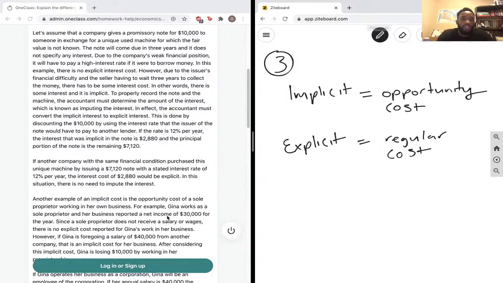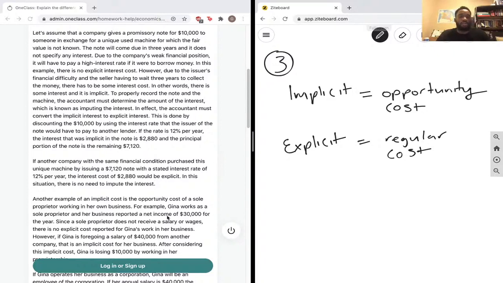Due to the company's weak financial position, it would have to pay a high interest rate if it were to borrow money. In this example, there is no explicit interest cost. However, due to the issuer's financial duty and the seller having to wait 3 years to collect the money, there are some interest costs. In other words, there is some interest and it is implicit.